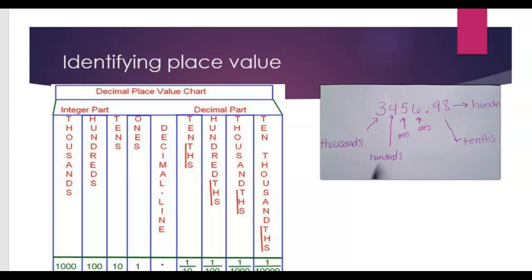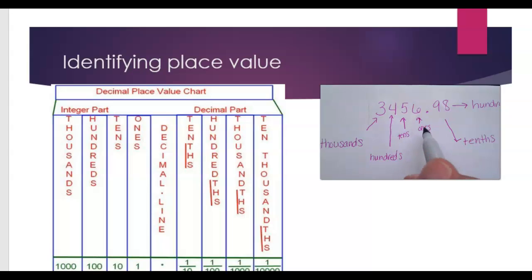If I have the number 3,456.98, the place value here that represents how many thousands there are would be 3. There are 400 units in this particular number, so this is the hundreds number. There are 5 units of 10 or 50 in the tens place, so that's the tens place value.